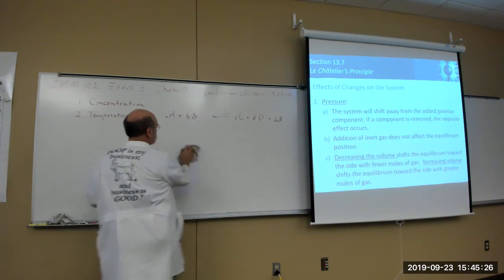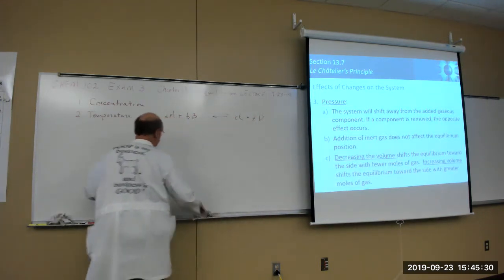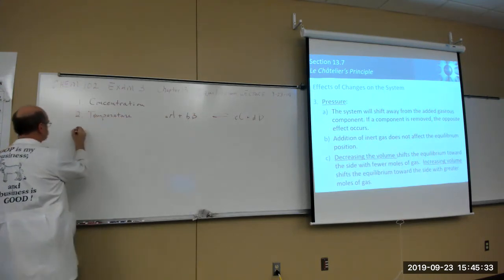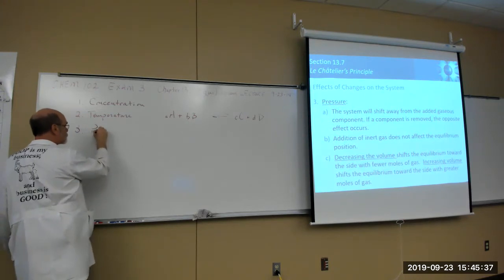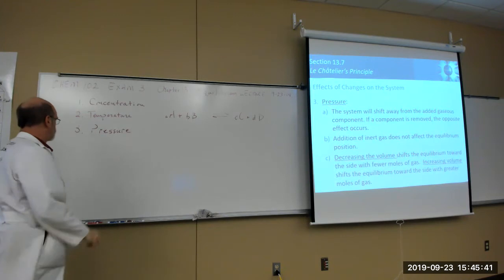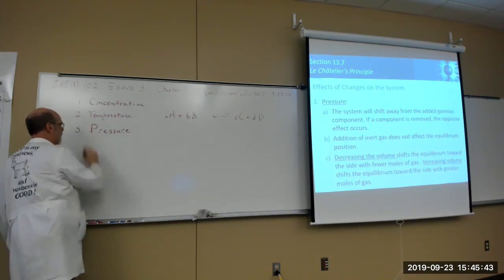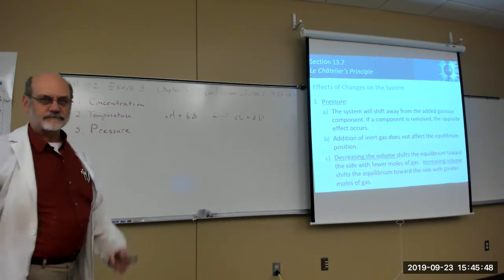All right, so the other scenario is where you're dealing with gases, or not dealing with gases for that matter. If you change the pressure in the vessel that contains your reactants and products, what effect will it have on the reaction?